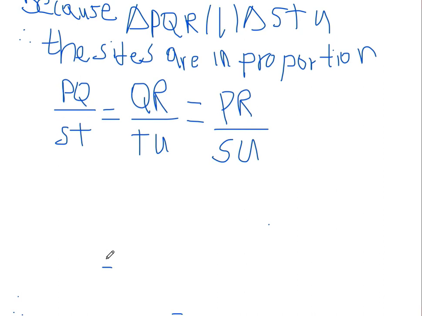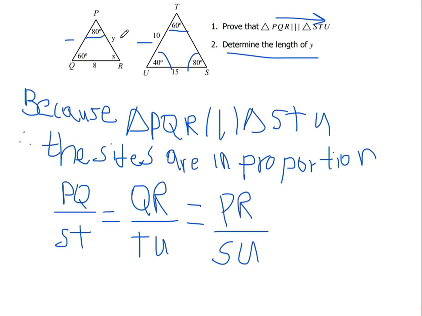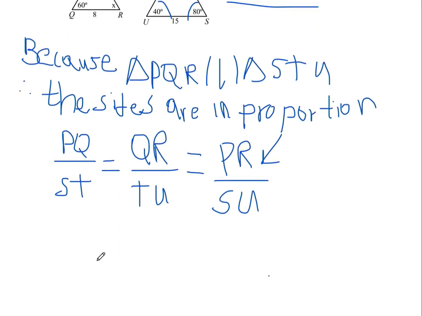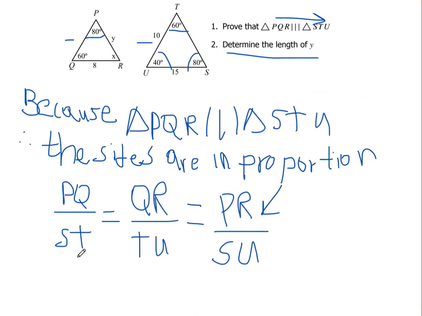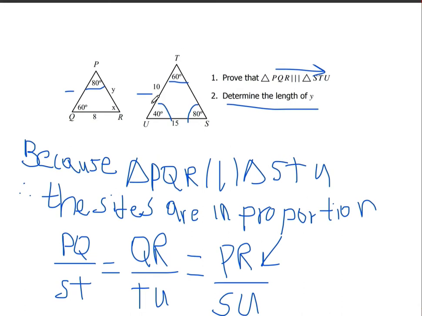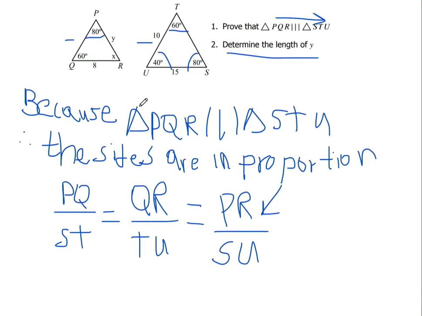So where is our y? y is on PR. So we need to focus on PR and make sure it's on top, and it's already on top. I like that. Now we substitute. We don't have PQ, but we do have TU, QR and SU.